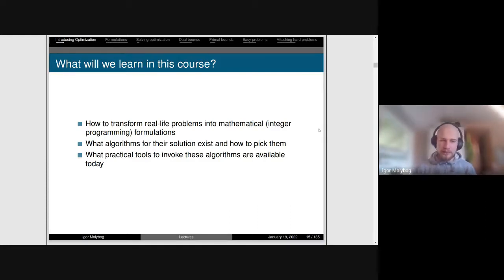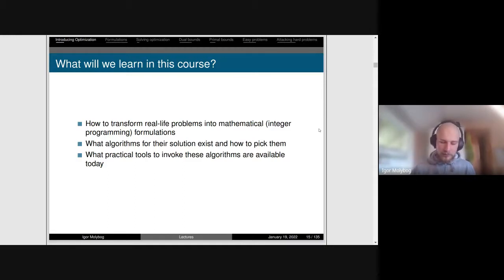Given that you have some textual information, let's say your friend came up to you and asked you how to find some sort of assignment, or how to find the optimal something, you should be able to reformulate this in the form of a precise mathematical description. This is what we're going to be doing in the first 3 to 4 weeks.